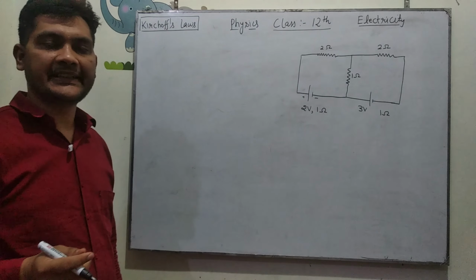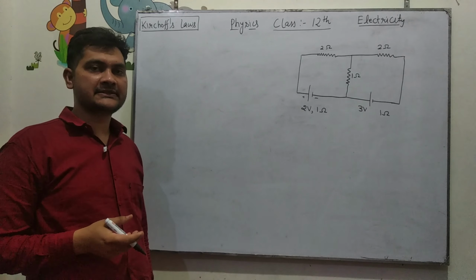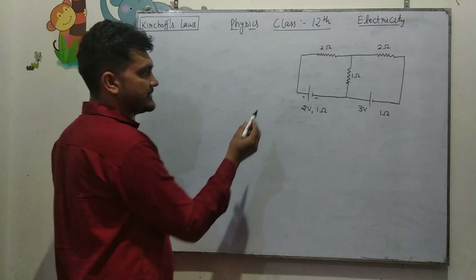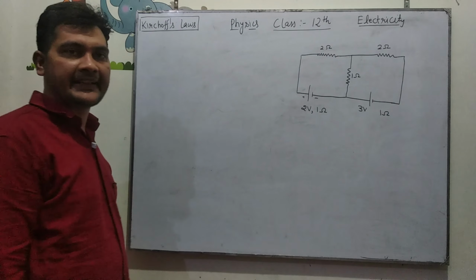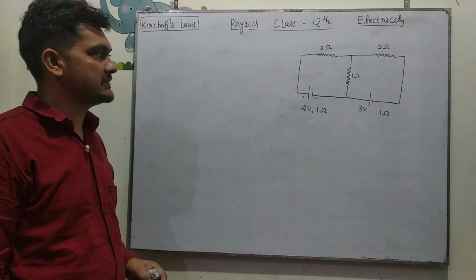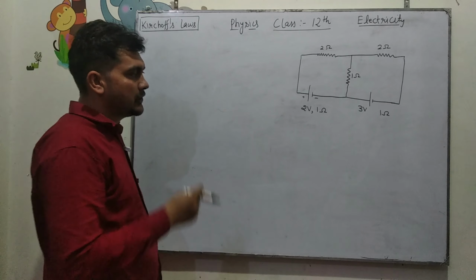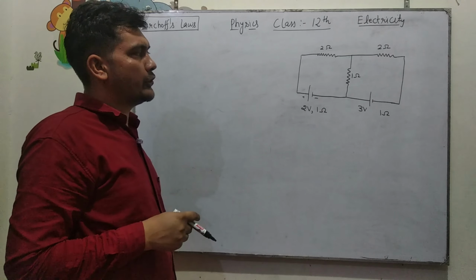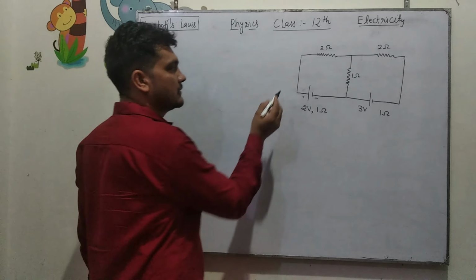You are given this circuit and you want to find out what the electric currents are in each branch, meaning in this branch, this branch, this branch. Now we will use Kirchhoff's laws to find currents in each branch of this circuit. First of all, according to your convenience, you take the direction of current.